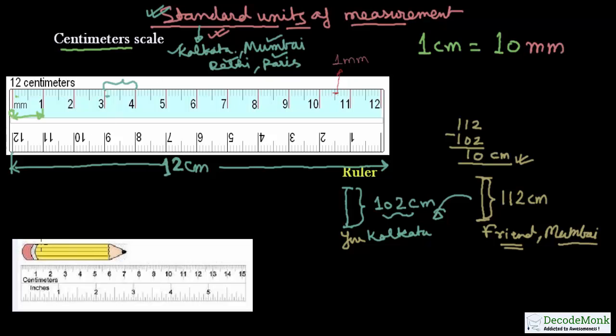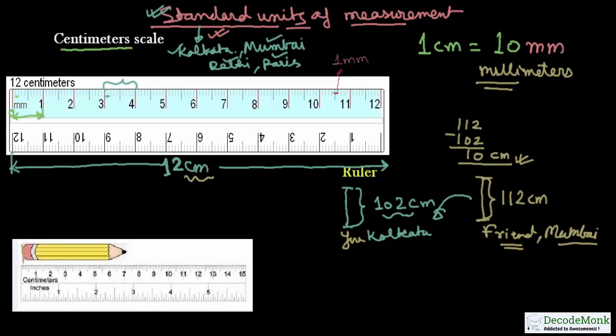Next, for example, this unit called centimeter is used to measure, and millimeters too. Millimeters are used to measure small length, very small length.